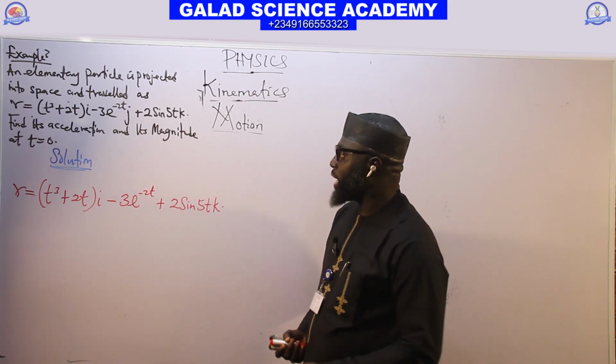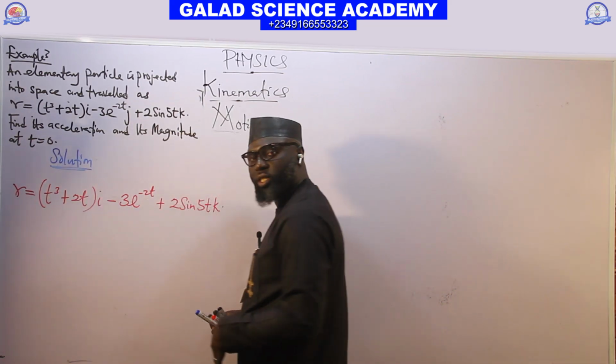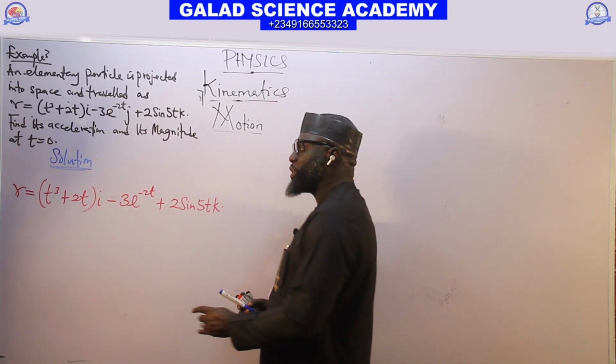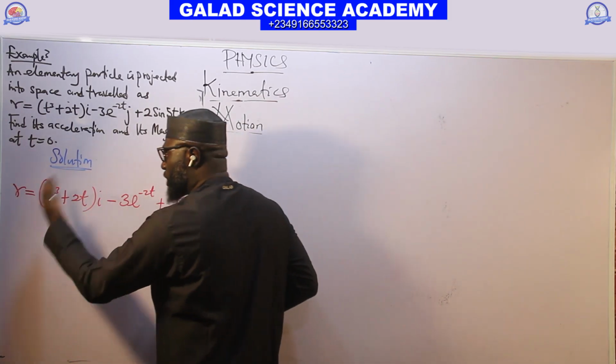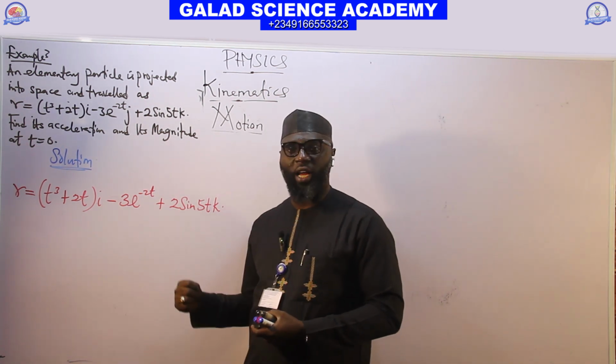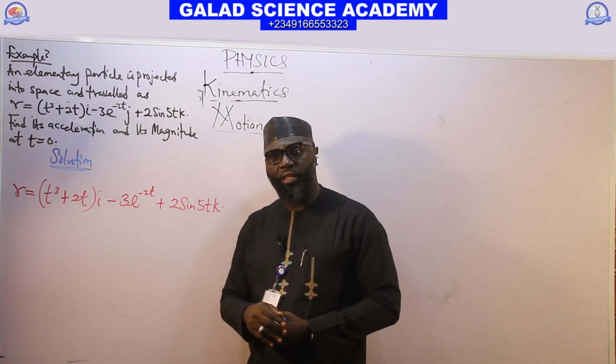And we all know that before we can get the acceleration, we must know the velocity. So if we differentiate this displacement, it will give us velocity. When we now differentiate velocity further, it will give us acceleration.